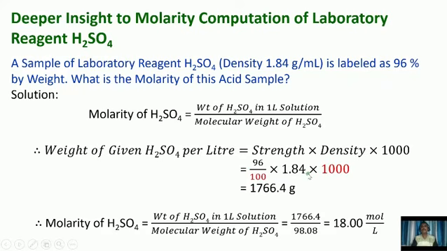Then density is, actually we have taken specific gravity, that is 1.84 into 1000 is equal to this much is the value, and this value we have divided again by the molecular weight. By putting into this formula, we are getting 18 molar H2SO4. So this is the basic formula which we have directly taken there.